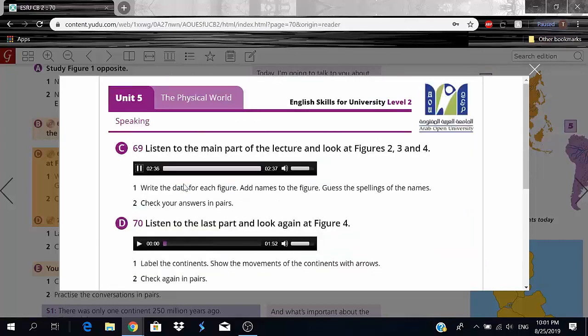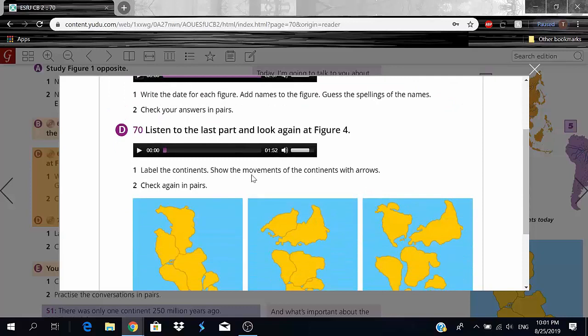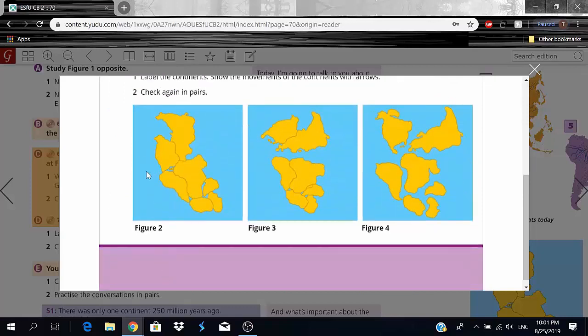Alright, so that was the audio that we needed to hear. Before moving on, let's hop to figure 2 here. Can you tell me the date in which the continents of the world looked like this? That's correct. That was 250 million years ago. That is a really long time. So 250 million years ago, it was one continent and it was called Pangaea.